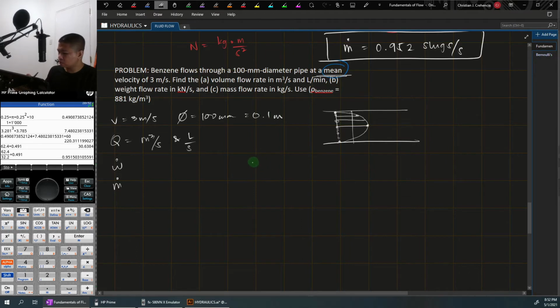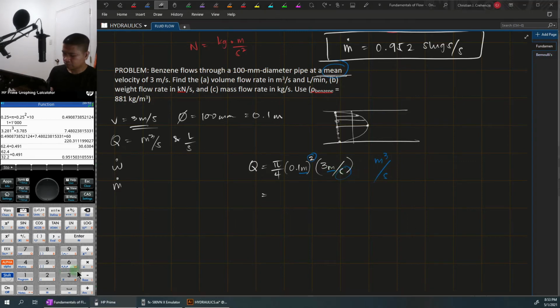Okay, so discharge Q is equal to area times velocity, circular pipe ulit, pi over 4, then diameter is 0.1 meter squared, multiplied by the velocity, 3 meter per second.